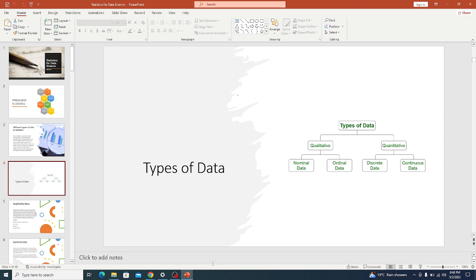You'll find someone is 150.3 centimeters, another maybe 156.6 centimeters. There is a float, a decimal attached to that value, and again it's not easily countable.